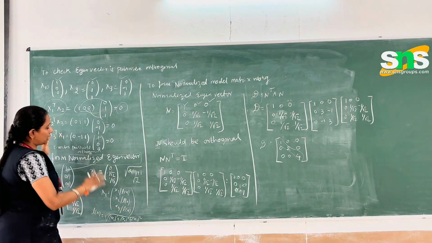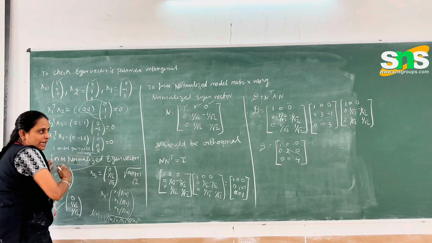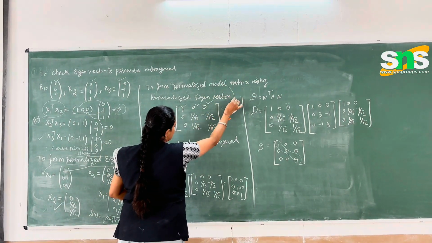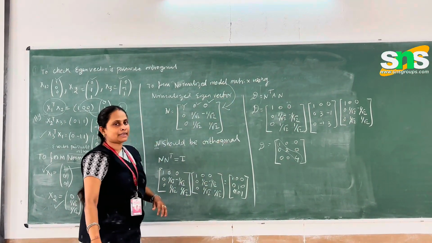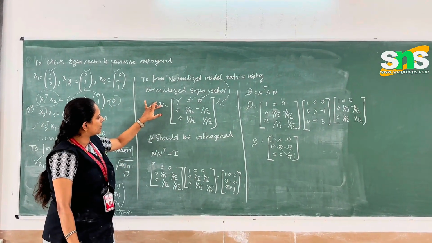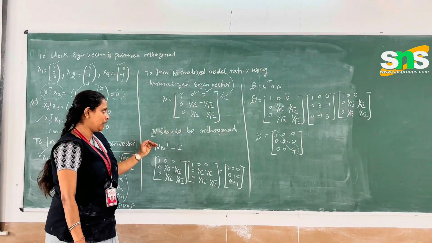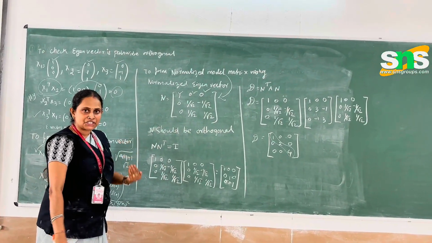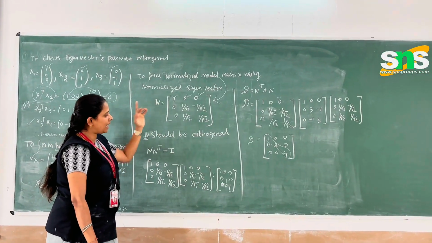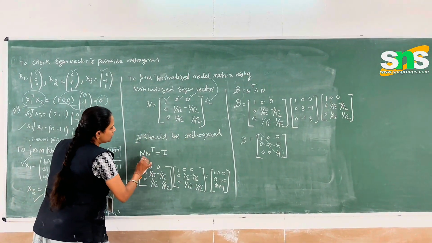Combining the normalized eigenvectors gives the normalized modal matrix. This is the normalized modal matrix, and it should be orthogonal. How do we check that the normalized modal matrix is orthogonal?